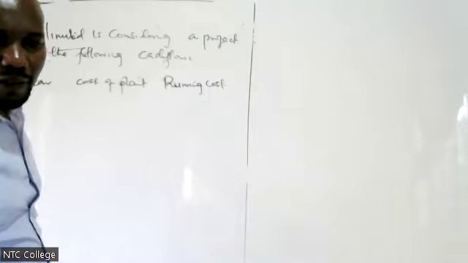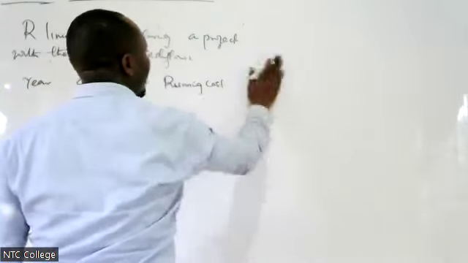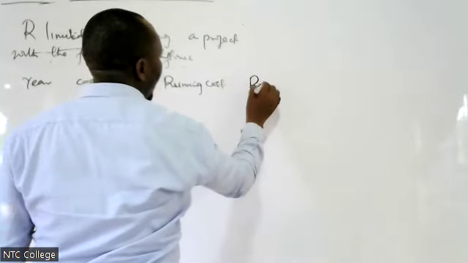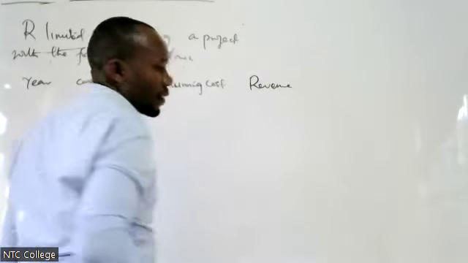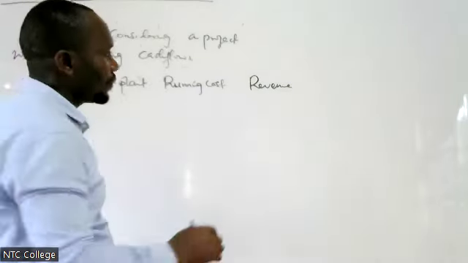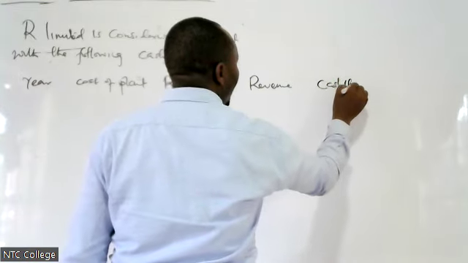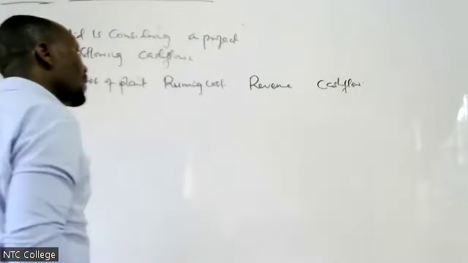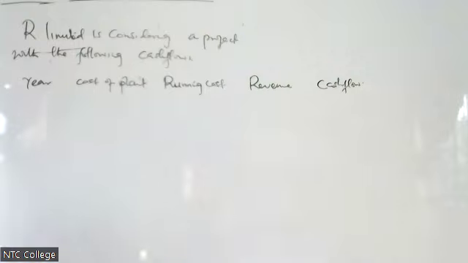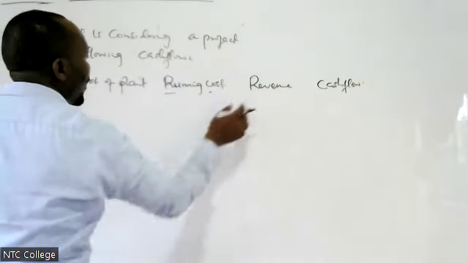Then we have revenue. We have cash flow. You know how we get the cash flow? Revenue minus cost. So we have the running cost here, that is the normal operation expenses, and then we have revenue.